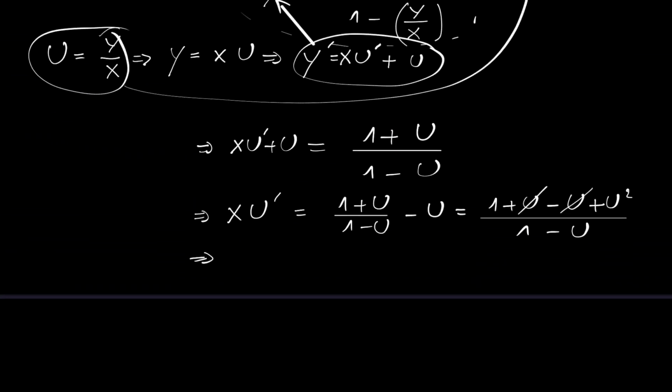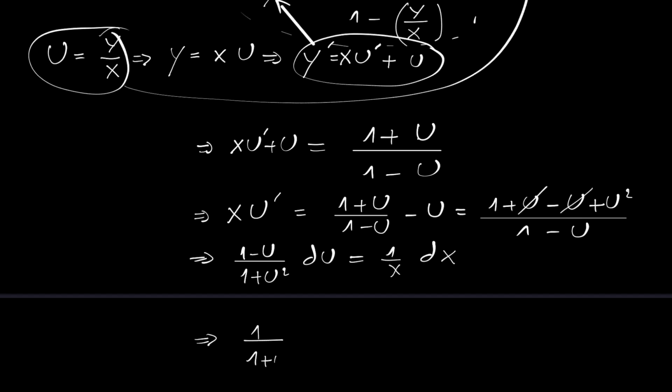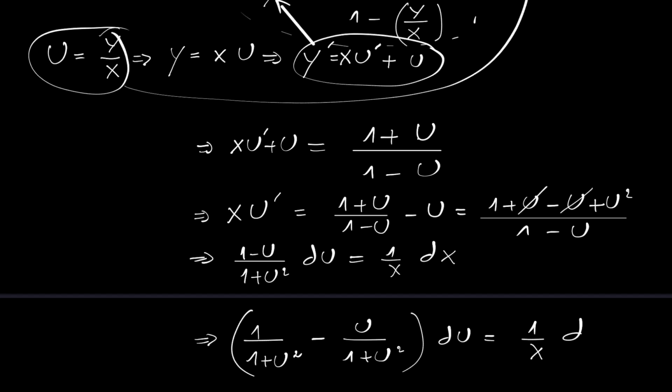We put the u terms in one side and the x terms in the other side, like this. To integrate both sides, first let's write the left term in this form to make it easy for later.